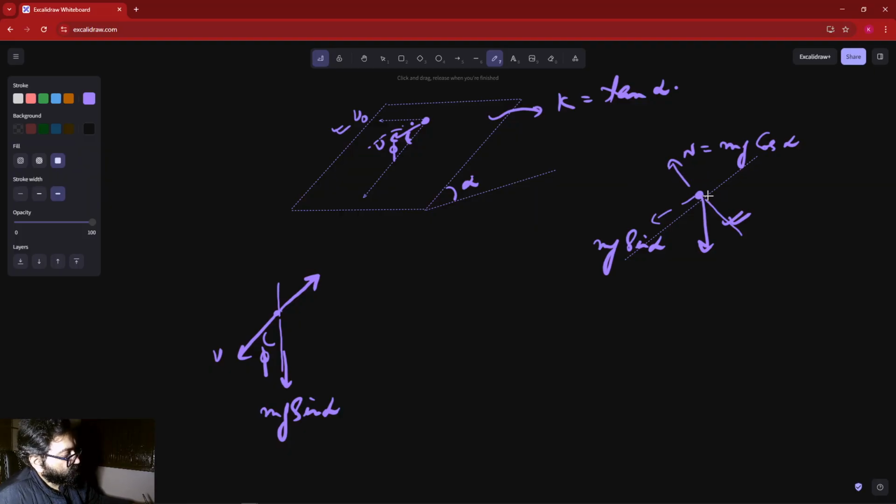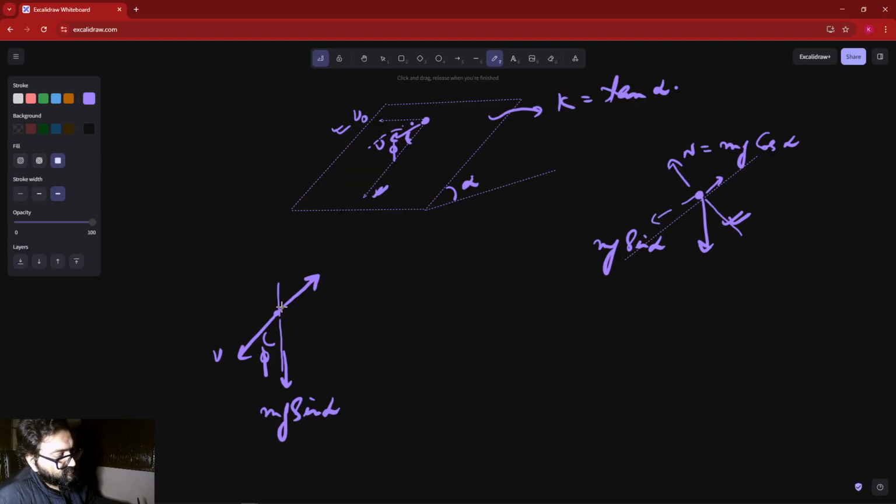The frictional force will be directed in a direction which is against or opposite to the velocity vector. So it will be acting in this direction on the plane of the inclined plane. So there can be some inclination or some angle with this particular direction, right?